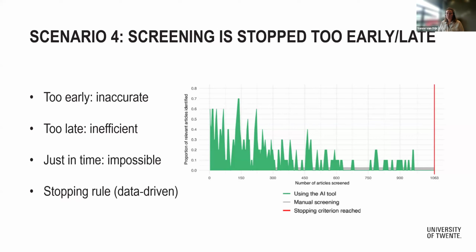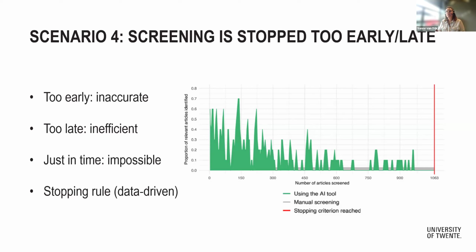So you would want a stopping rule that is at least data driven, which means you predefine a certain number of consecutive irrelevant records upfront, and then while you're screening, you are assuming that you are adding more and more knowledge to the algorithm.